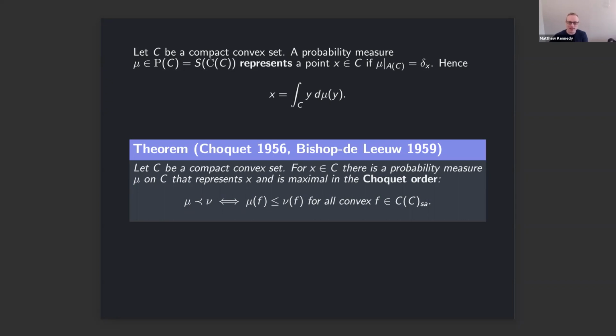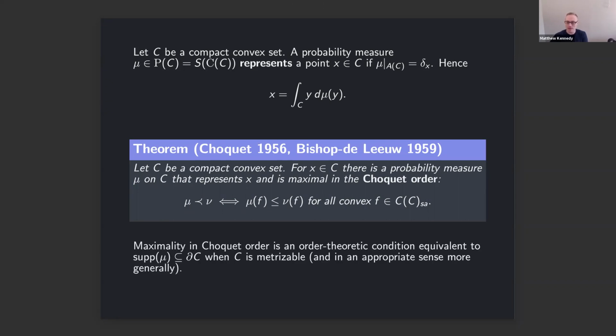This is like saying that every point can be written, in an appropriate sense, as a convex combination of extreme points in our space. So this is an analog of Carathéodory's theorem from finite dimensions. One of the key contributions of Bishop and de Leeuw is that you can detect this property of being supported on extreme points in an order-theoretic way.